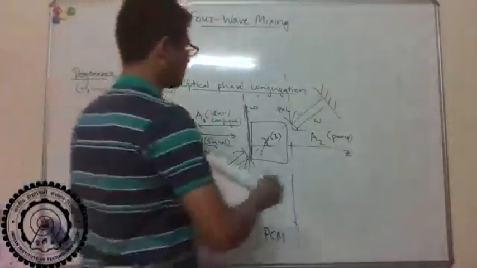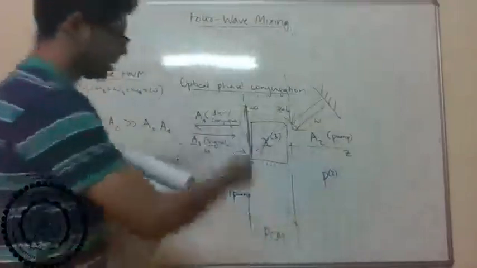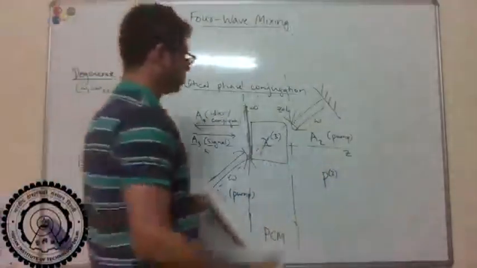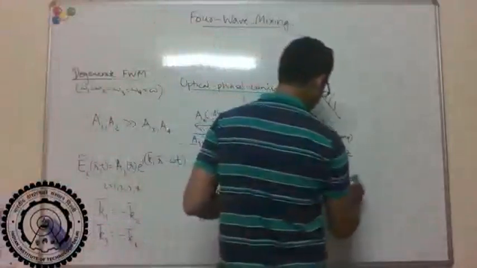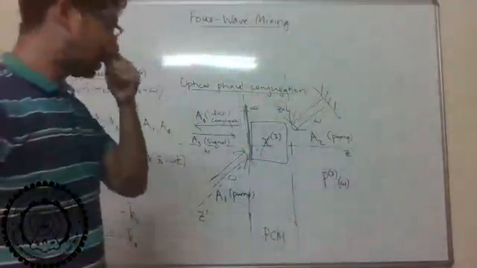Now, if you look at the nonlinear polarization, or the third order polarization, of course we want to look at the frequency omega, because all the waves are at frequency omega.